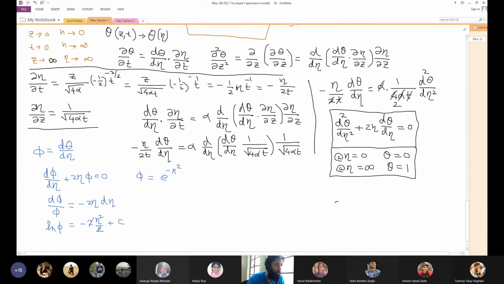So e to the power c is a constant, so you can write it c1 e to the power minus eta square. You can write directly from the equation itself. Okay, so this is phi.